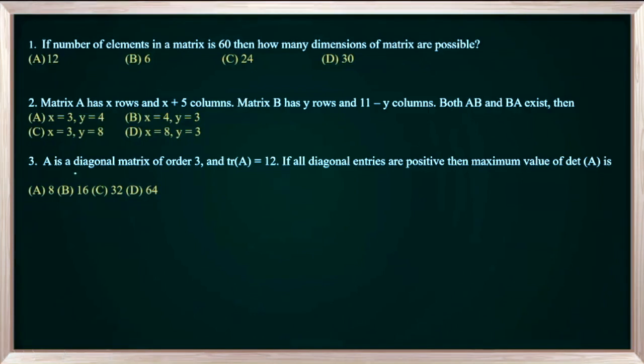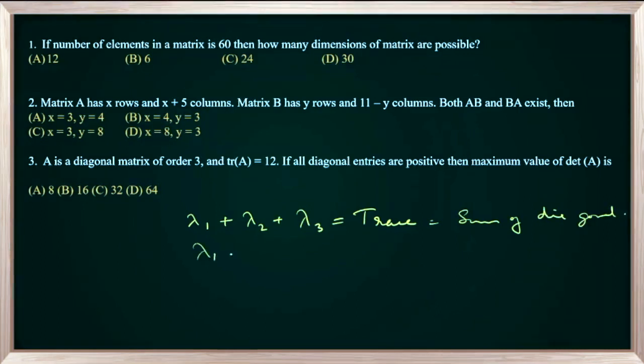Now you have three eigenvalues for a 3 by 3 matrix. So lambda 1 plus lambda 2 plus lambda 3 represents the trace of the matrix, which is equal to the sum of diagonal elements. If lambda 1, lambda 2, lambda 3 are multiplied, you will get the determinant.